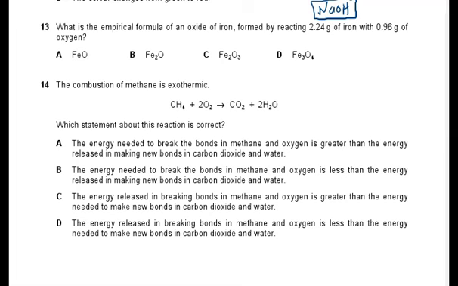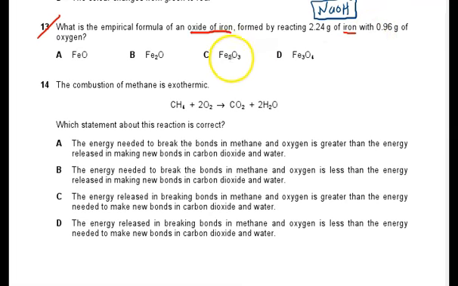Okay. Now here, what is the empirical formula of an oxide of iron formed by reacting 2.24 g of iron with 0.96 g of oxygen? So for the empirical formula, here's 2.24 and 0.96 of oxygen.